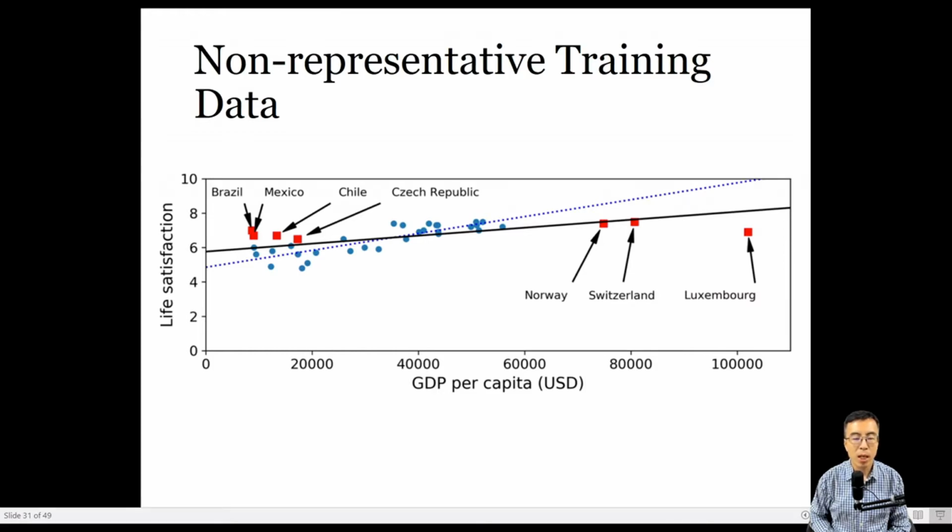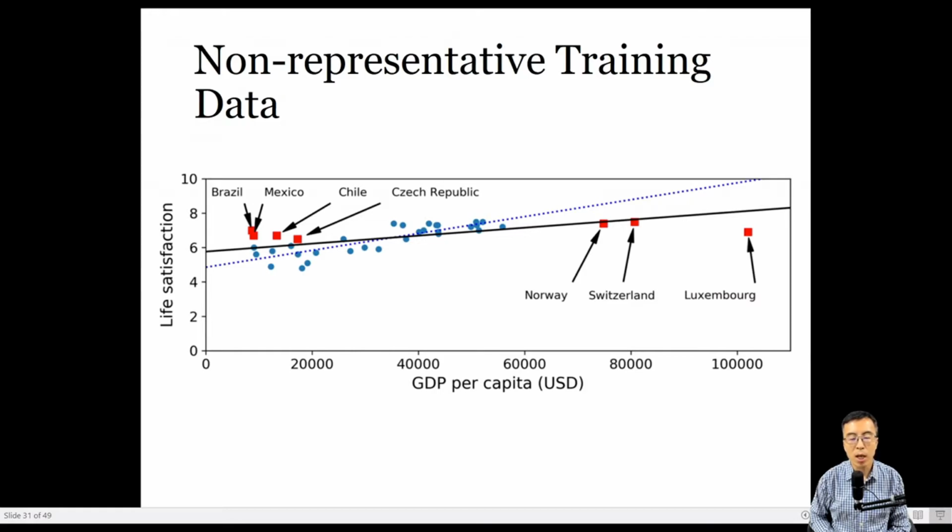And then we can estimate a linear regression between GDP per capita and life satisfaction, denoted by the dotted blue line. But when we have gathered more and more data, we get those countries represented by the red square into the model.